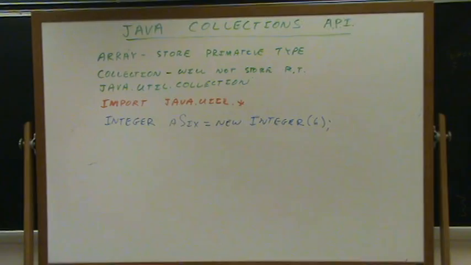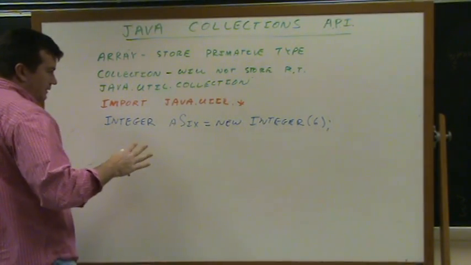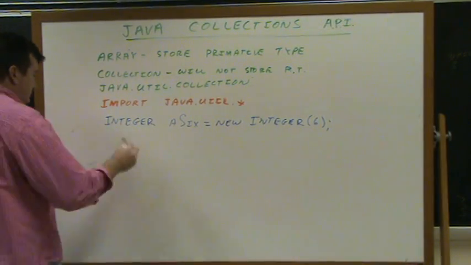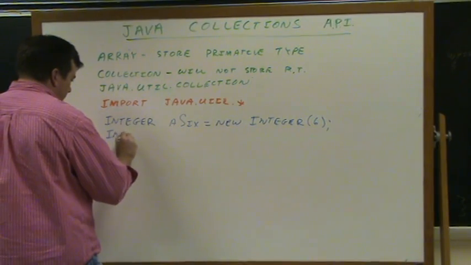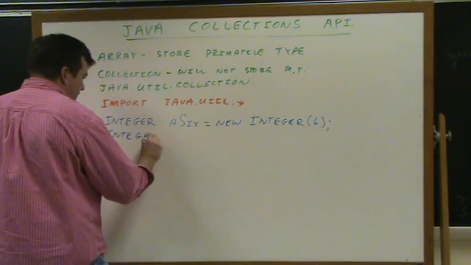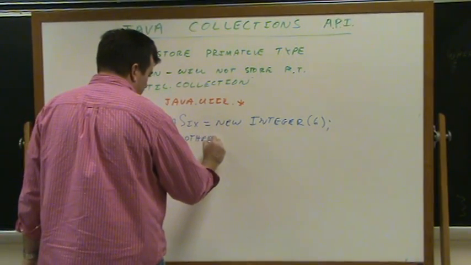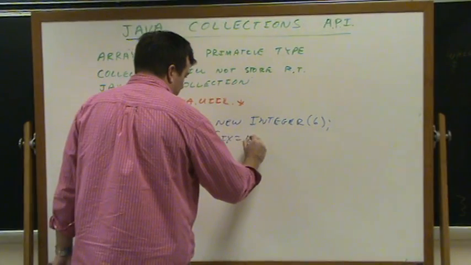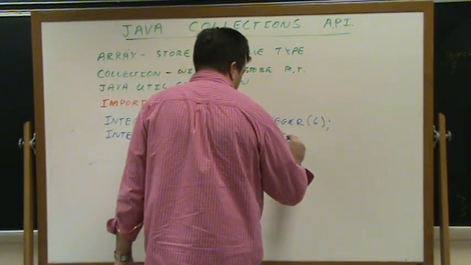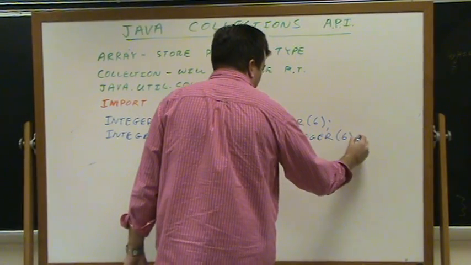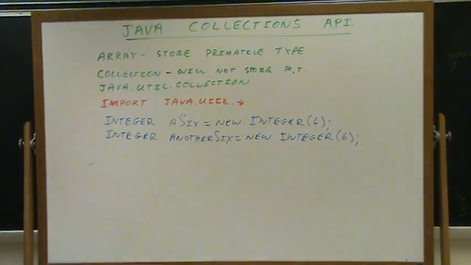So that's just a little refresher of non-primitive versions of primitive types. Now suppose we want to have another integer. Another 6. Okay, so now we have two separate pieces of storage, a 6 and another 6.